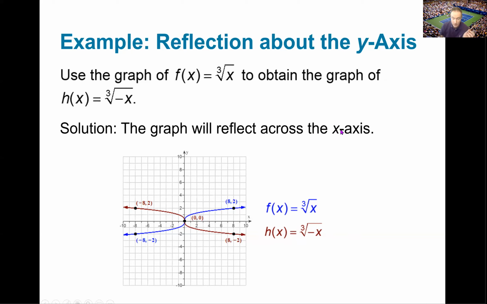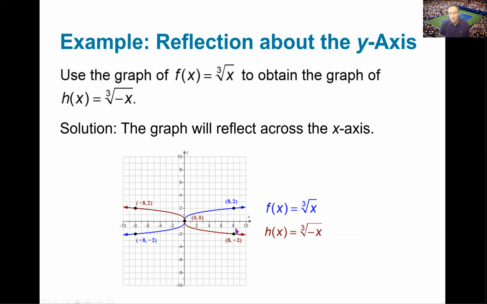This is a reflection about the y-axis. So I would say, okay, then this point (8, 2) is going to become the point (-8, 2). The point that I had over here, (-8, -2), gets reflected over the y-axis and becomes the point (8, -2). So please, it's not a reflection about the x-axis.